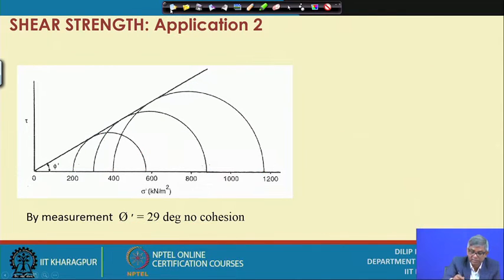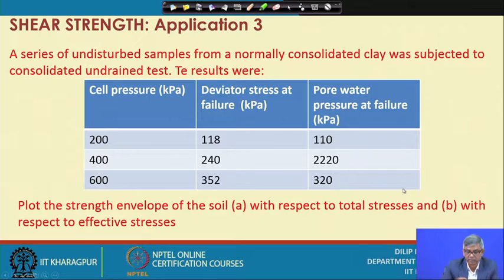Next one is something like this. You can see this problem: a series of undisturbed samples from a normally consolidated clay was subjected to a consolidated undrained test. Just note it: consolidated undrained test means consolidation is done in the first stage, but in the second stage draining is not allowed.